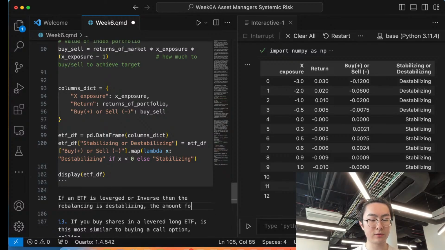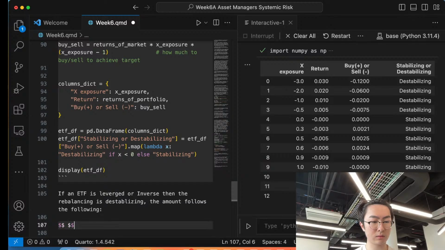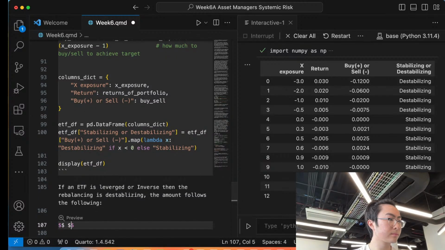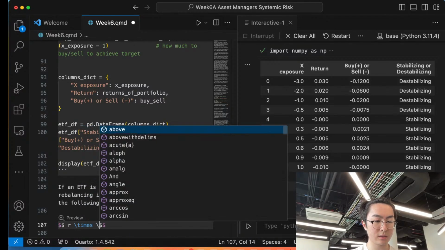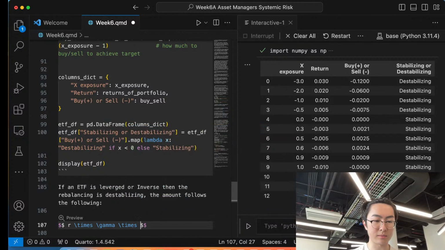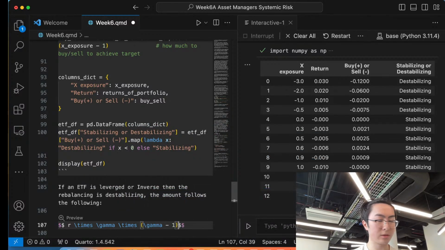The amount follows the following: R times gamma times gamma minus 1.